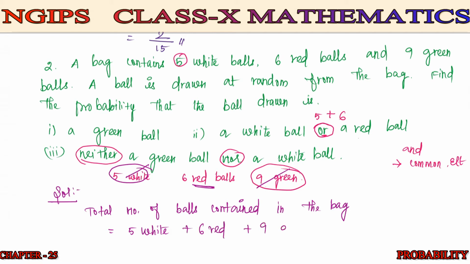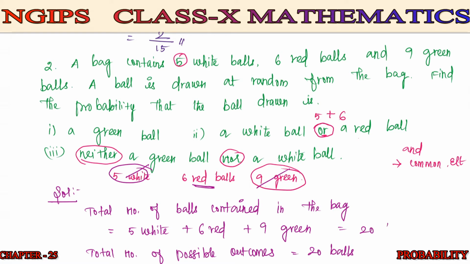If you add all, we are going to get the total number of possible outcomes, which is equal to 20 balls.